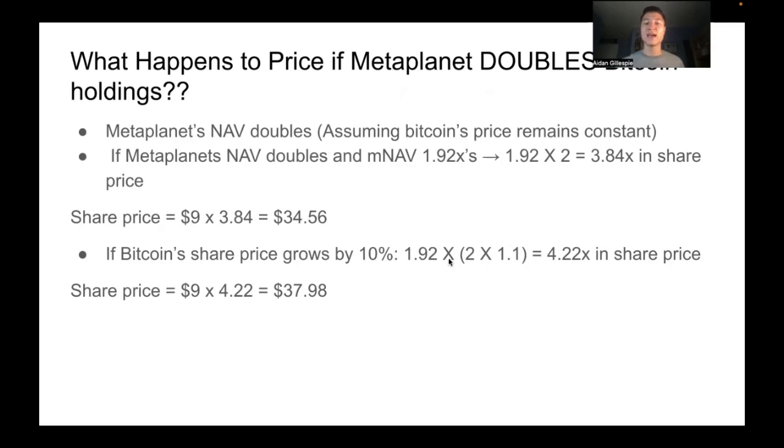We'll multiply that by the expansion in MNAV, because I'm expecting the MNAV will grow by 1.92x of what it's currently sitting at. Multiplying all that together, we get a 4.22x in share price. So if we take the current share price of $9 and multiply it by 4.22, we get a share price of just under $38 in the expected time frame of 59 days, based on the models that I have created.